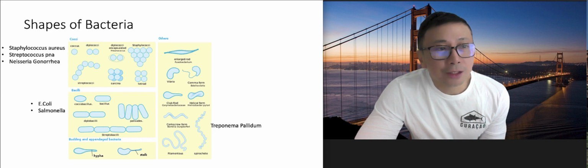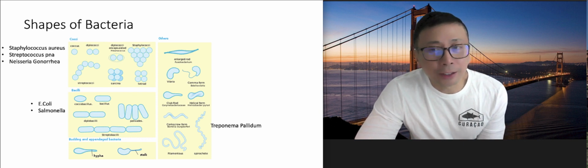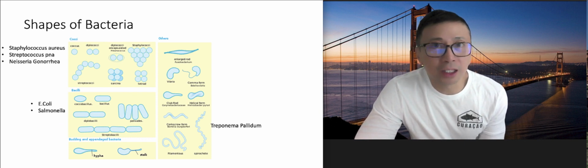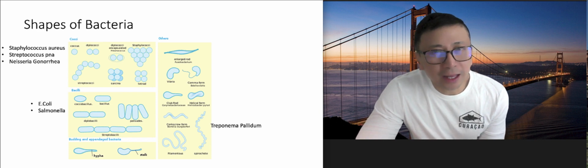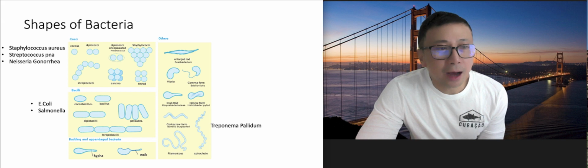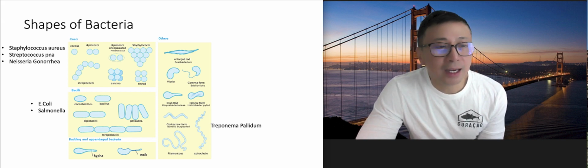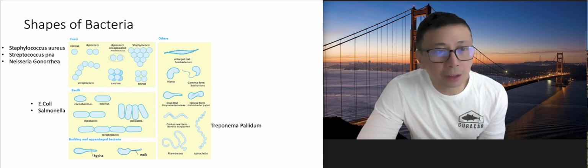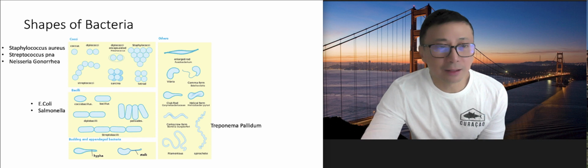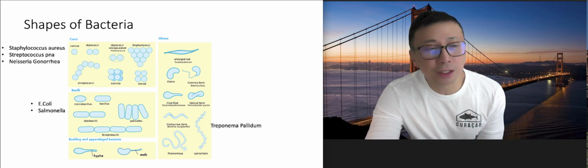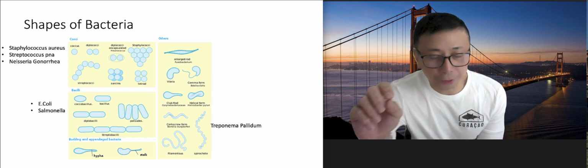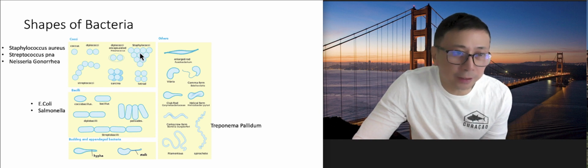Okay, so when they talk about bacteria, there are a lot of shapes, and I just want to give you an idea. When you hear cocci, there are diplococci. There is staphylococcus. When they say staphylococcus, like Staphylococcus aureus, those are clusters. They look like this.